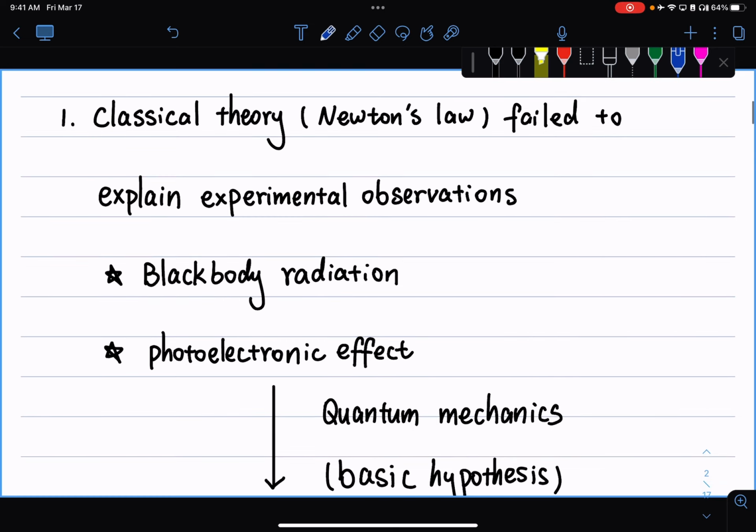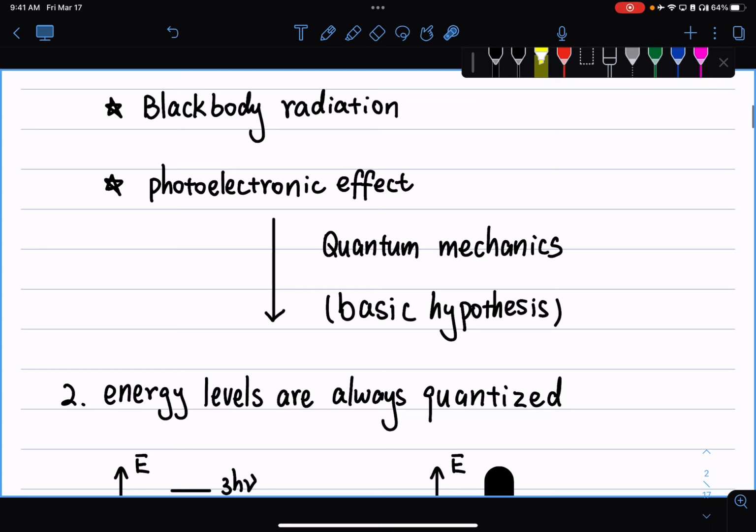The classical theory failed to explain some of the experimental observations, not radiation, sorry. So the two experiments we talk about are blackbody radiation and the photoelectric effect. And that gives birth to quantum mechanics, or the two fundamental hypotheses of quantum mechanics.